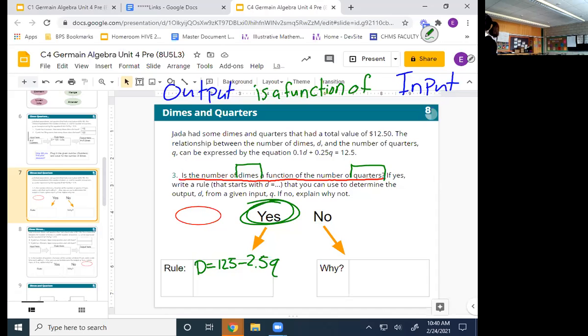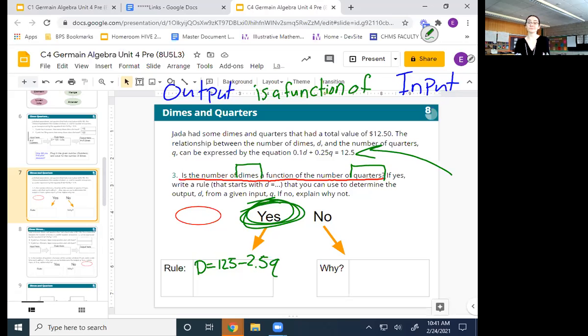Sometimes we're going to be given an equation, and when you have to write the rule, you need to isolate or do moves to it to get that output by itself. We isolate for our output. Very good. Nice job on that. Does everyone see why we said, yes, this is the function statement for this story? If you don't, let me know in the chat.